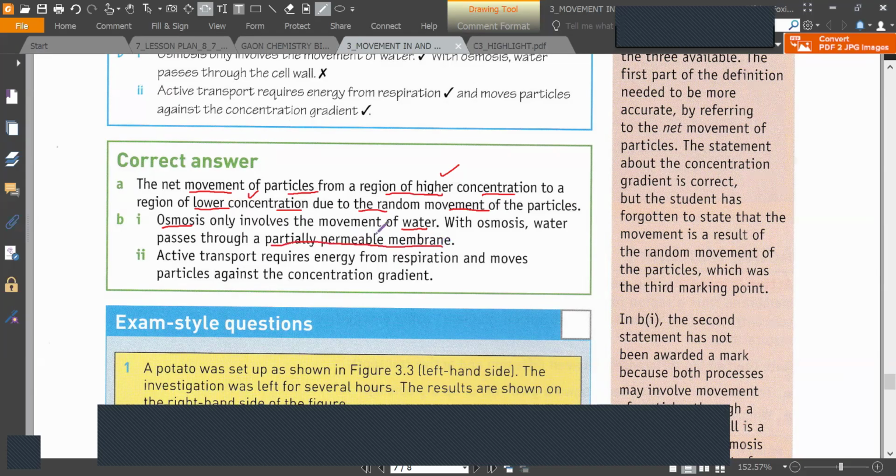Diffusion can happen with or without a partially permeable membrane. Active transport needs energy, while diffusion needs no energy. Active transport moves against the concentration gradient. Diffusion is high concentration to low concentration, and active transport is the other way around, low concentration to high concentration.